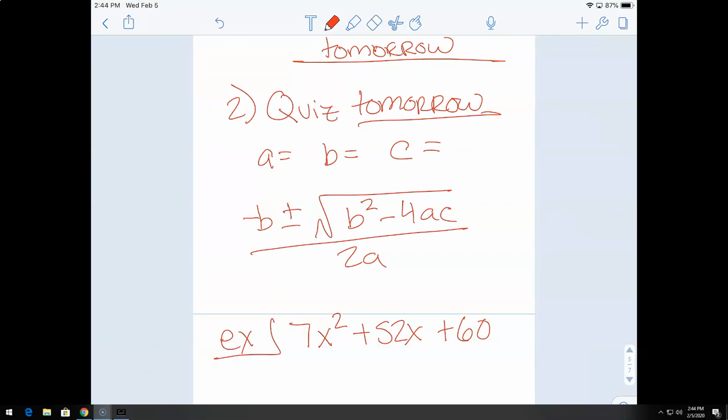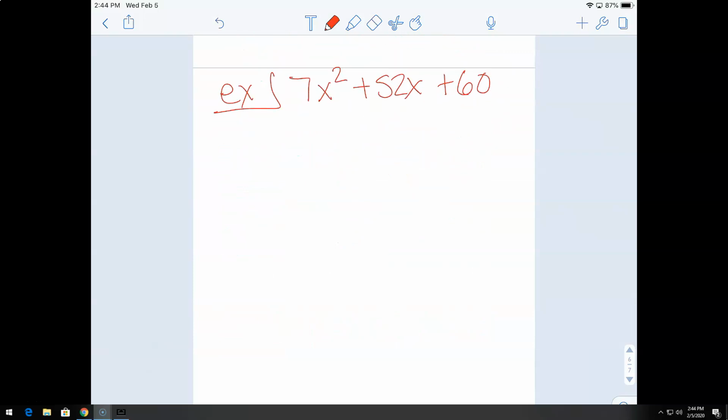You know that you need a little help if you can't do that problem. And you want to try this problem instead of 5x squared minus 11x minus 12.